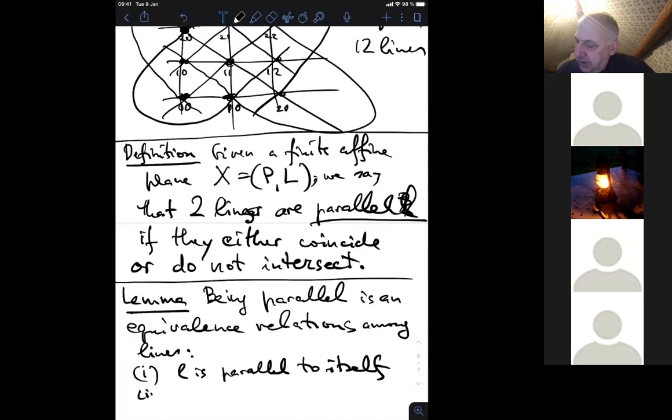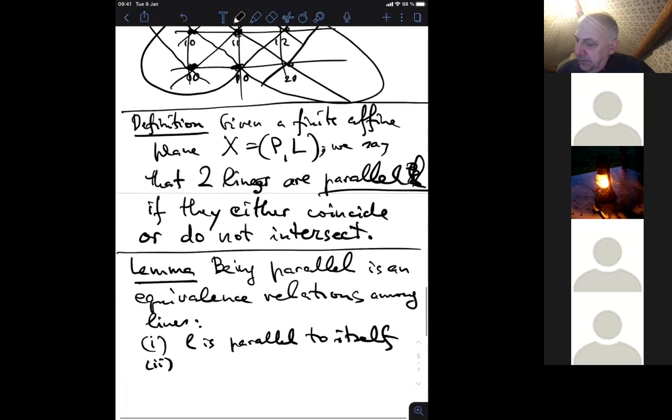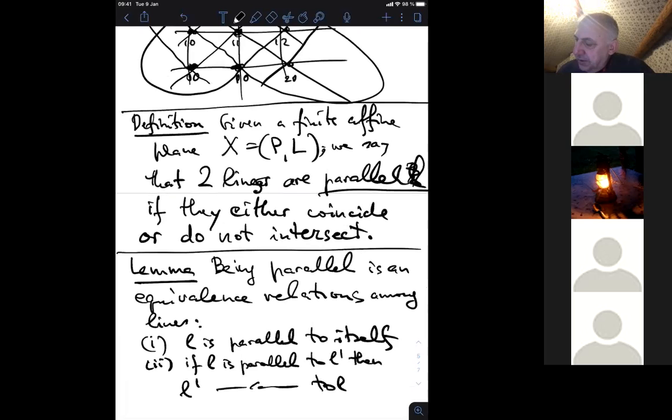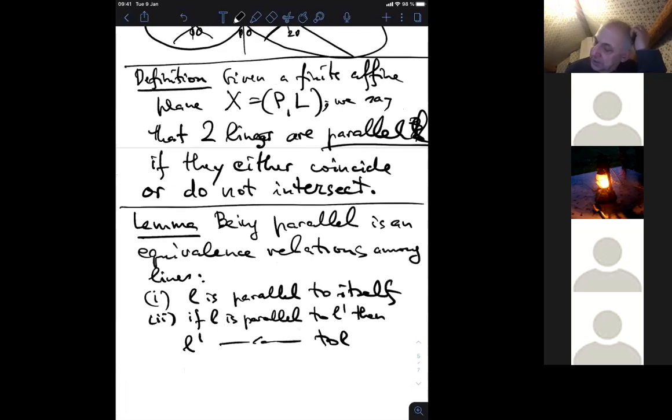The second one is symmetry: if L is parallel to L prime, then L prime is parallel to L. This is also obvious. If 2 lines coincide, there is no big deal. If two lines do not intersect, it doesn't play any role which of them is the first one.